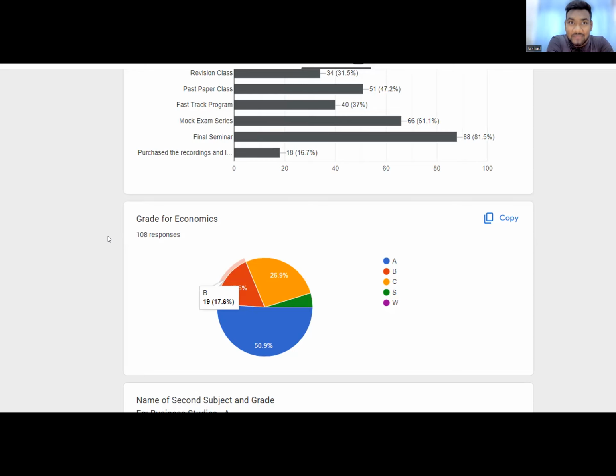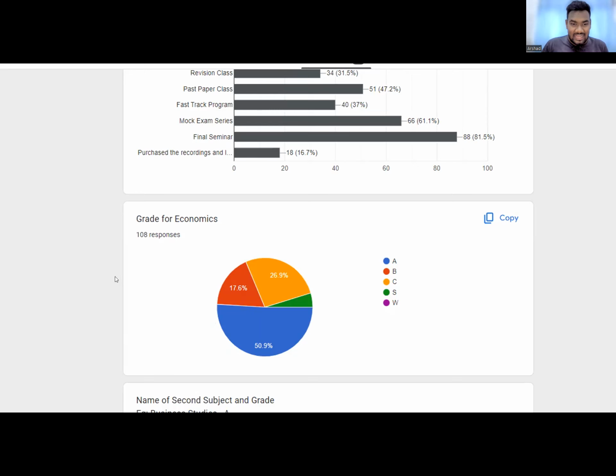So I'm happy to say that more than 50% of the students actually have an A for econ, and most of these people are the people who were there for at least 1 year. Now there are some students who joined around 2-3 months before the exam. There are certain students like that also.